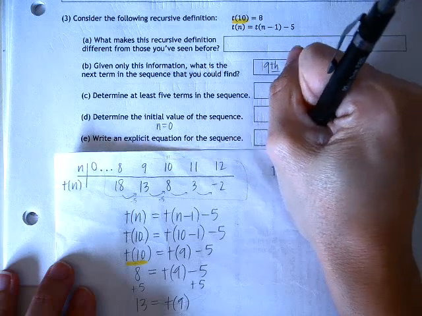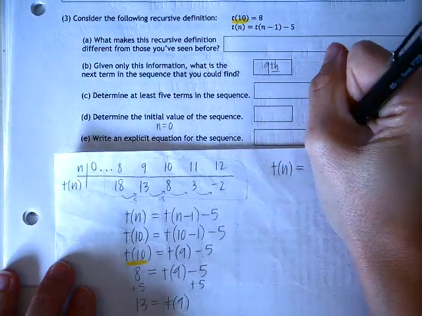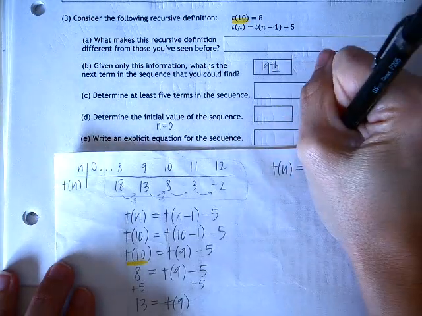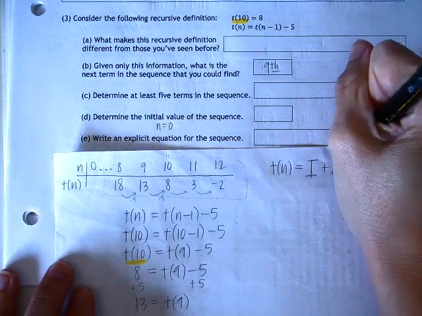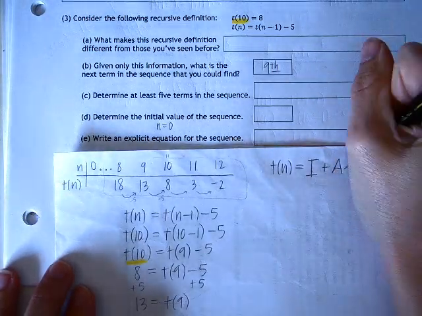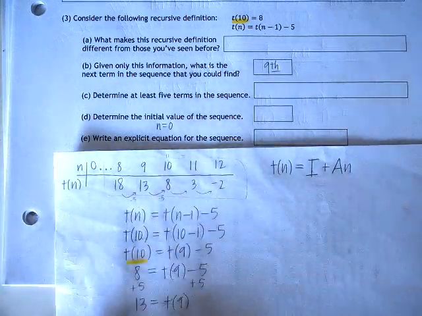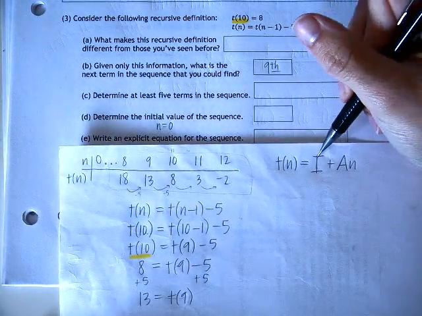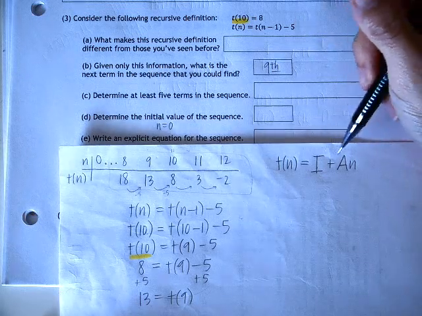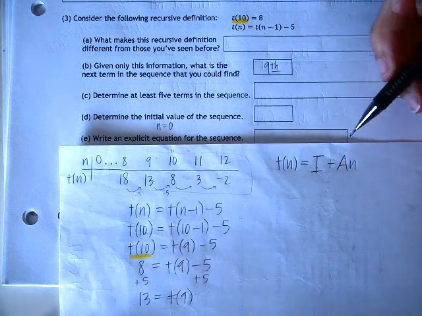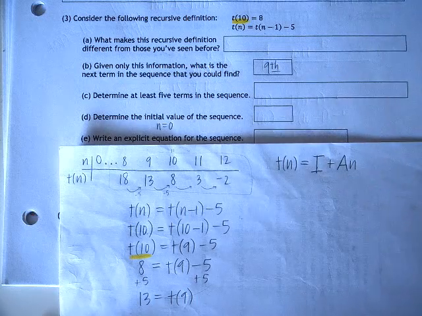Remember that the explicit equation structure is to take the initial value, I'll call it capital I, plus the adder, which I'll call capital A, times n. Now, I'm just using these capital I and capital A as placeholder values. Those are not really official variables in any sense, but I want to think about this for a second.